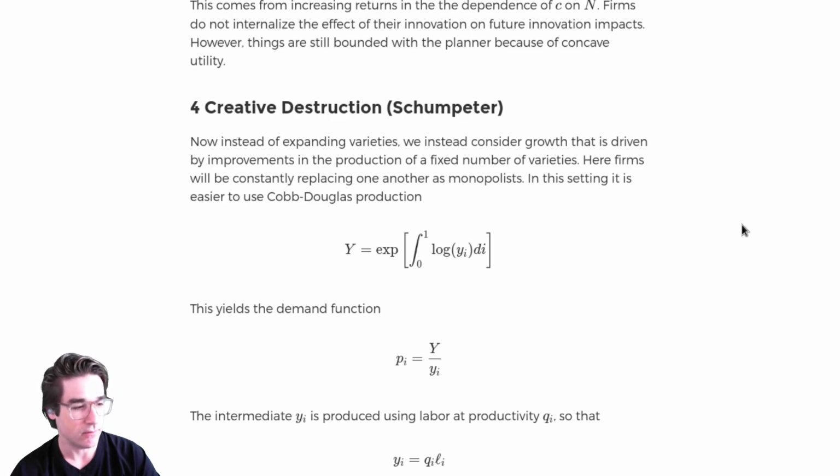You get a pricing rule of some sort that gives you profits, that gives you value, plug value into the free entry condition, and then you work backwards and get a research share and a growth rate. That whole process is basically unchanged in all of those steps. What's different is how innovation happens, the innovation production function, and the aggregation function is going to be different as well.